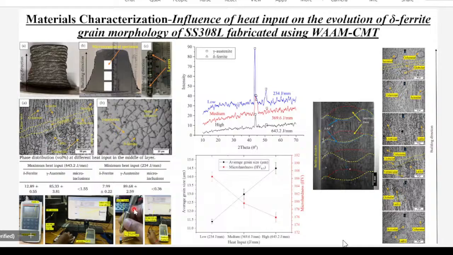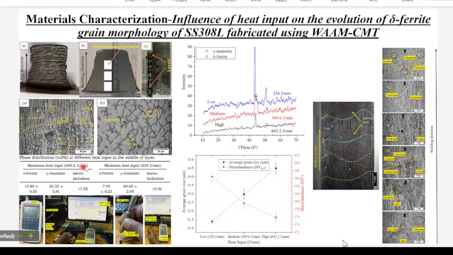As we know, delta ferrite is magnetic in nature, and austenite is non-magnetic. So we can touch the specimen with this stylus, and it will check the magnetic properties. If some ferrite is there, the display will show how much ferrite percentage there is in that sample at a specific point. The stylus can be rubbed over the surface, or we can mark different points and measure the ferrite percentage.